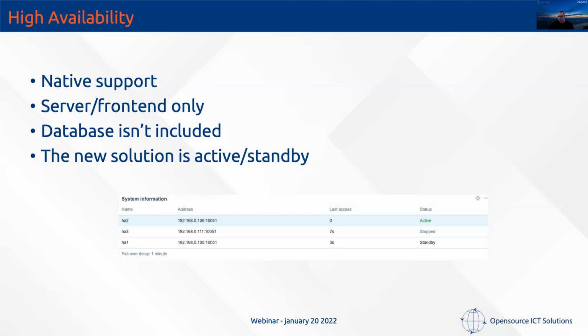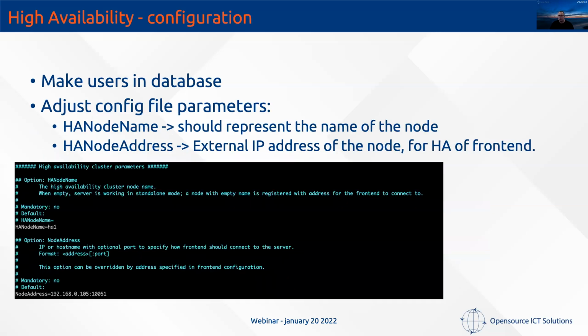How to get this going? Well, actually, that's very easy. The Zabbix servers are using the database, so in the database you create new users. Those users are purely used for authenticating the Zabbix server.